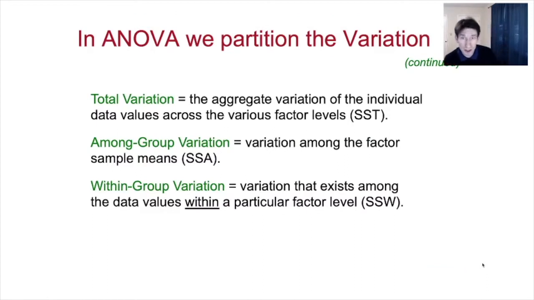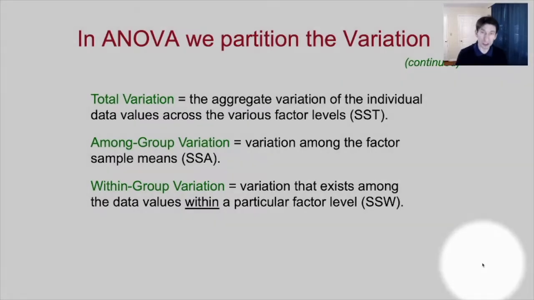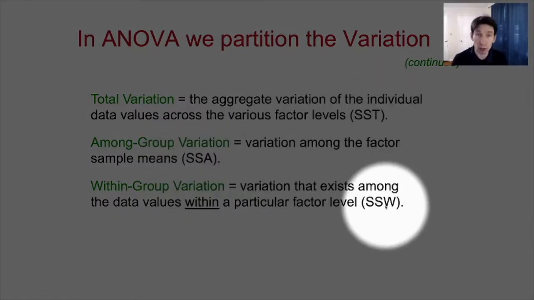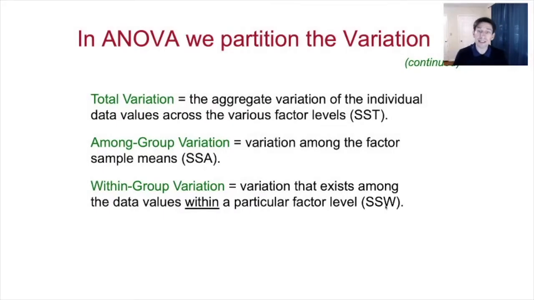So this partition defines 3 types of variation that we're going to call the total variation, the among group variation, and the within group variation. Now, we refer to them as the SST, the SSA, and the SSW. What do the S's stand for? Well, they stand for sum of squares.